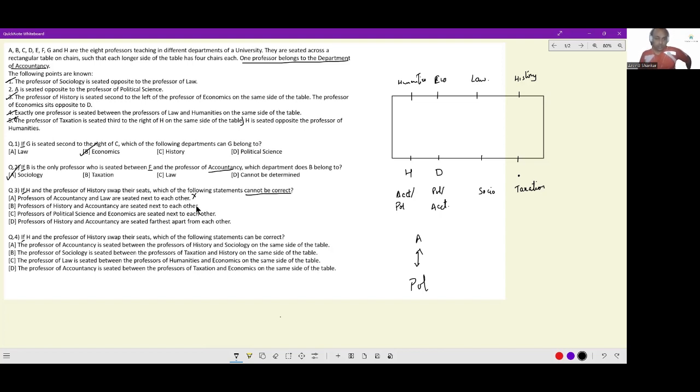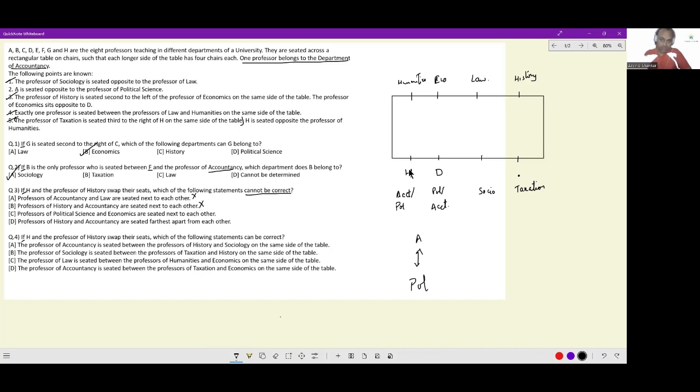Professor of history and accountancy are seated next to each other. If H is a teacher of pol science and has gone off to the other corner, then if H is the professor of pol science, D will be the teacher of accountancy. So professor of history and accountancy can be together. So this is also possible and therefore cannot be the answer. Option C, professors of pol science and economics are seated next to each other.